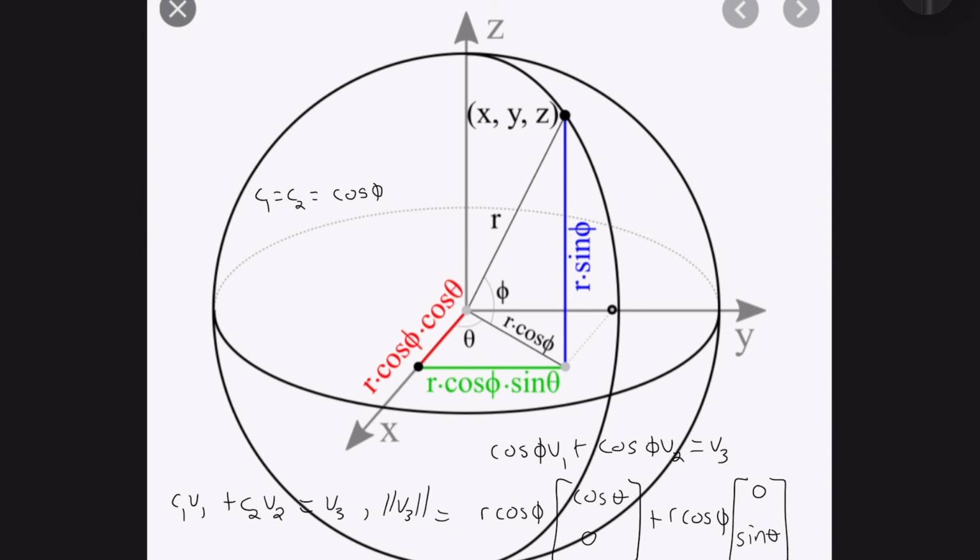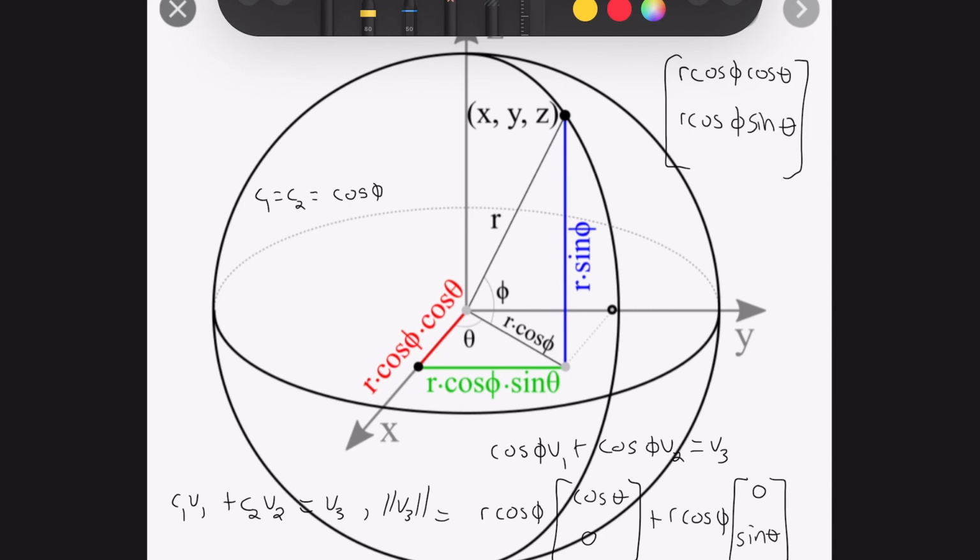If we clean this up a little bit more, when we are working in strictly the xy plane, we would have phi is equal to 0, and we know that 0 degrees makes this just 1, so we end up with r cos theta, r sine theta. And then we can just factor out the r, cos theta sine theta.